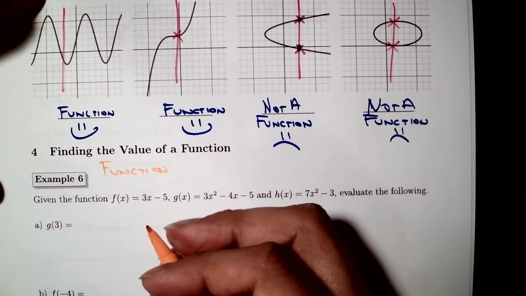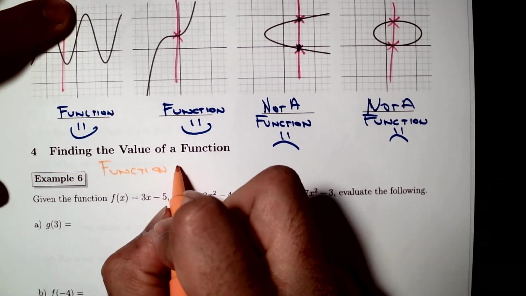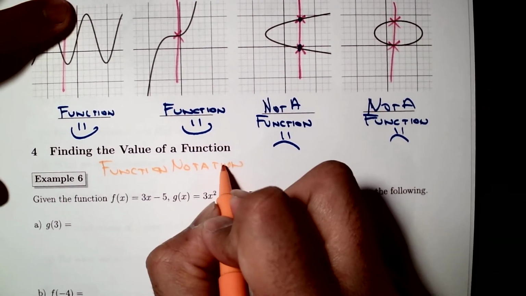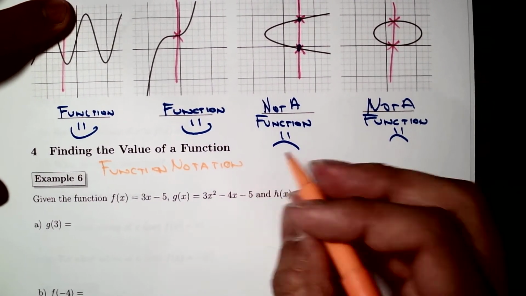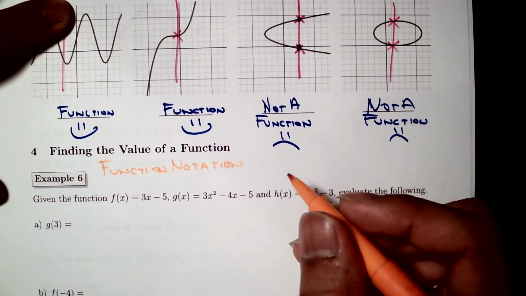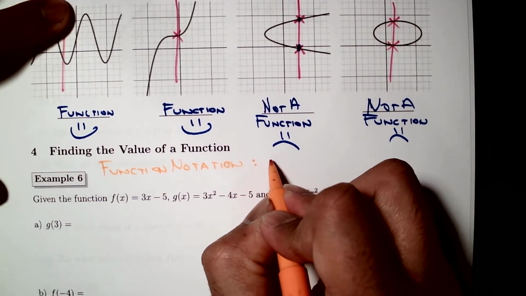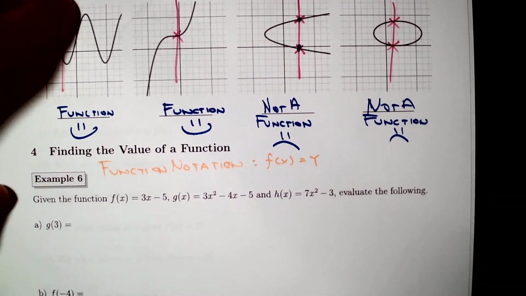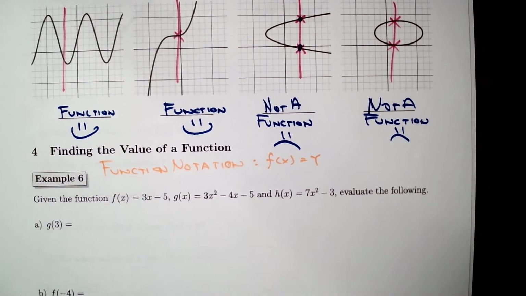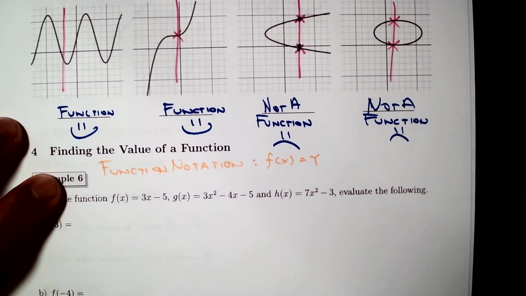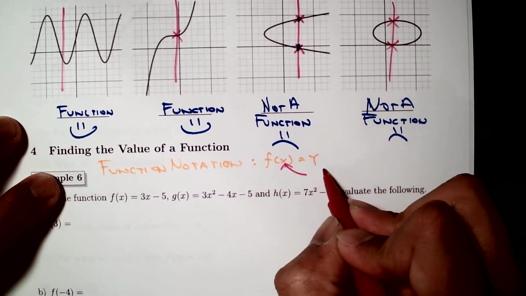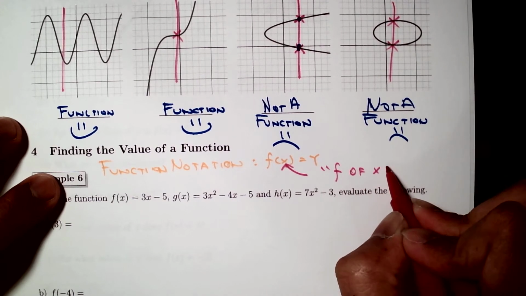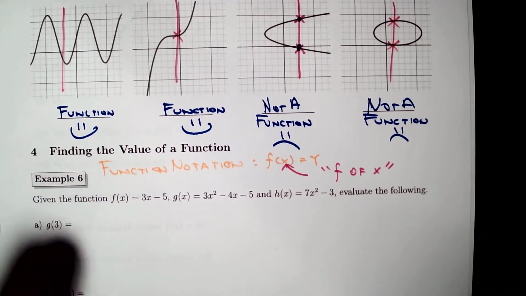Function notation is going to be f of x, which is exactly equal to y. And the way we read this is f of x.